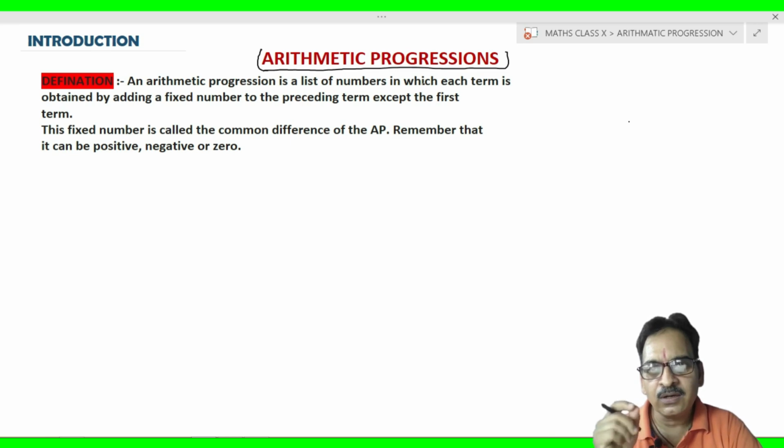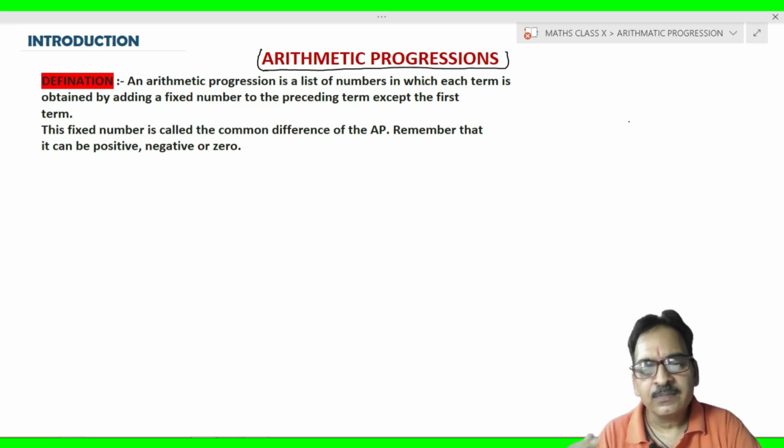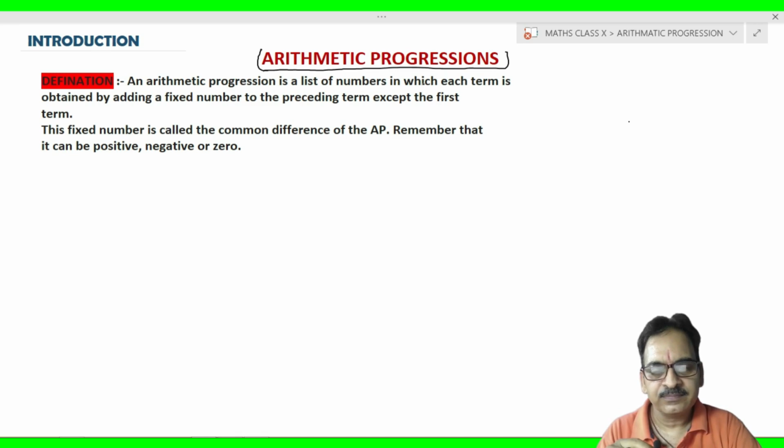Because it is written in order, every number is 1 more than the previous number. So every number we can get easily by adding 1 to the previous number. Similarly, any list of numbers written in a particular order or by some definite rule is known as a progression. Okay, but here we have to talk about the arithmetic progression.